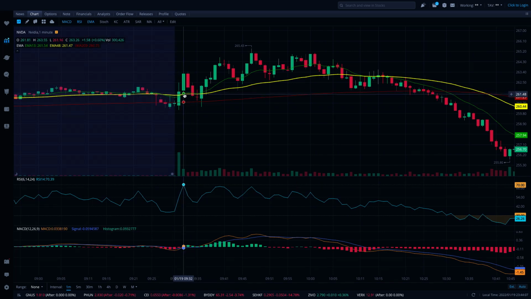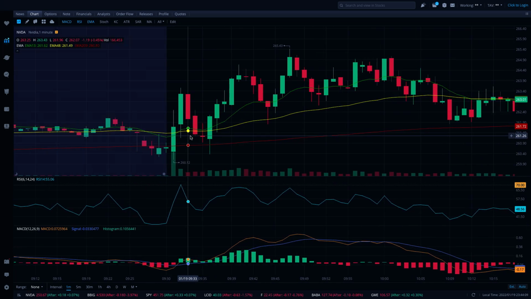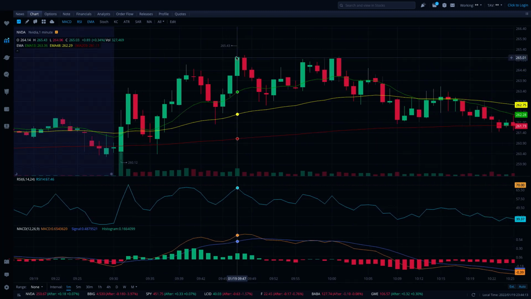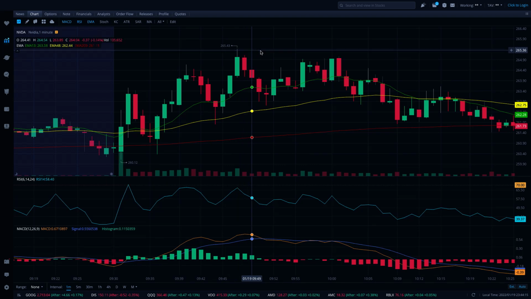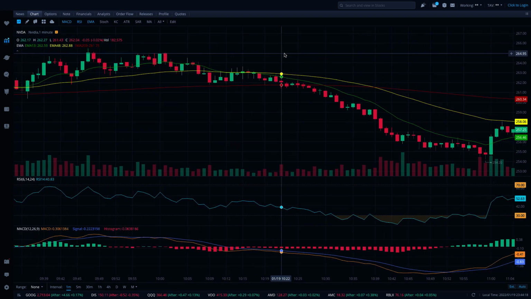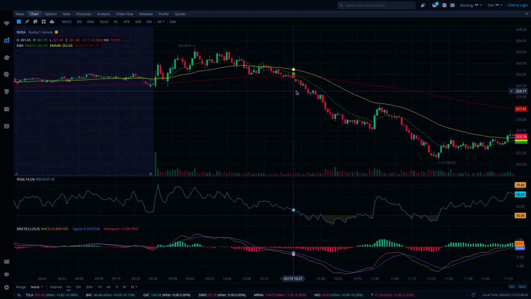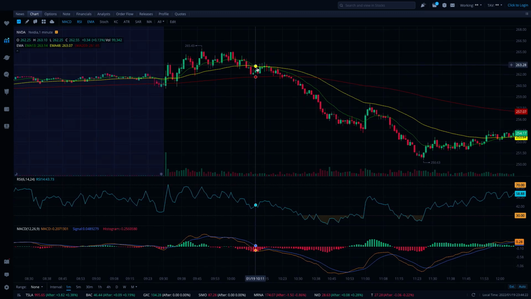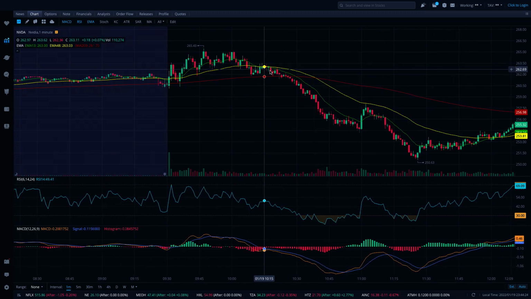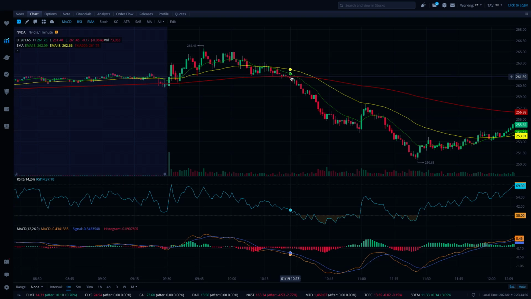So we enter here, and that candle is at about 262. We can run it all the way up to 265, take our profit, get out, because then we are signaled a put here. And when we look at its proximity to the 200 EMA, we could guesstimate that the price action would break below. And this here is your moneymaker.